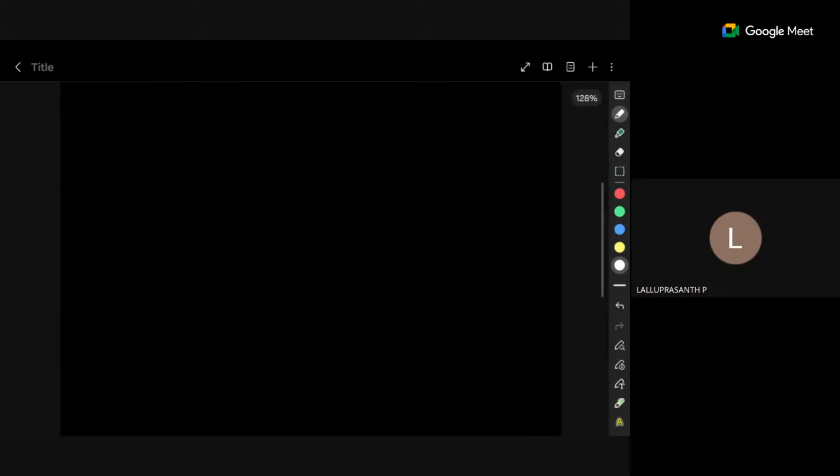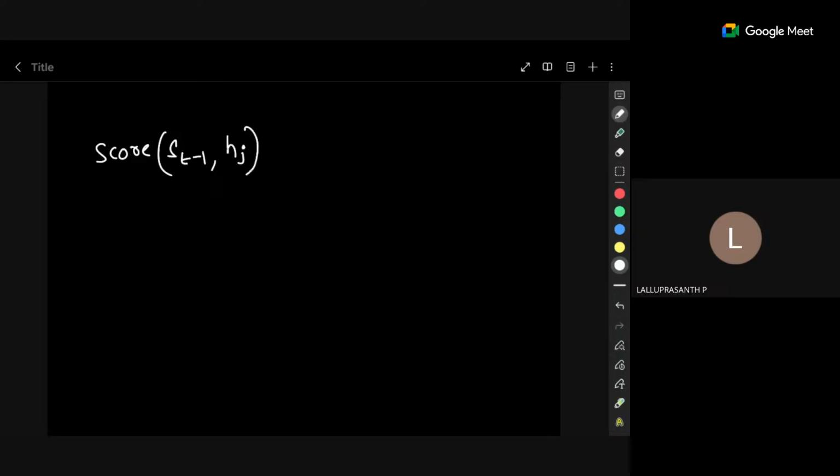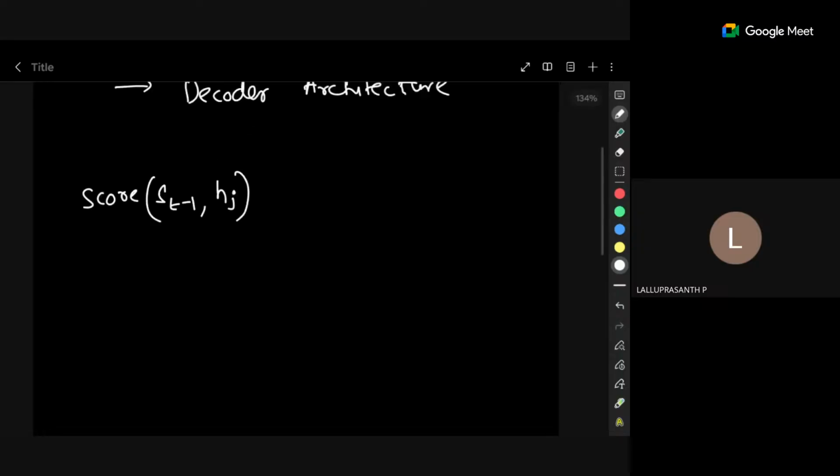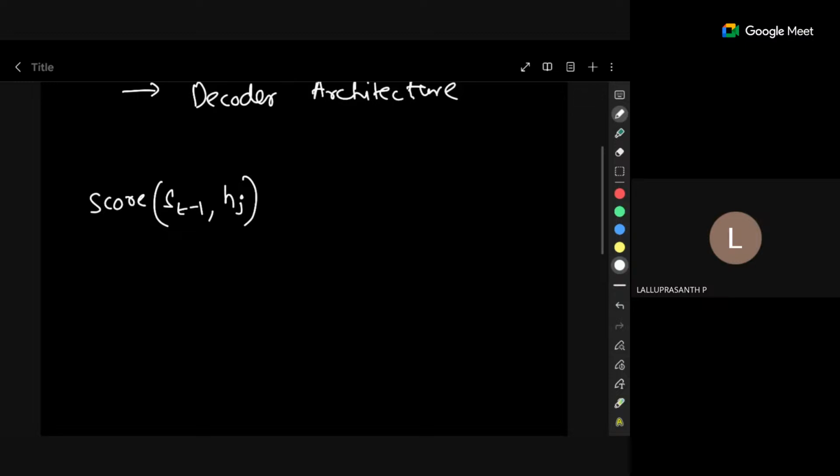Okay. So earlier we saw that in attention, the equation was, if you wanted to find the score between s_{t-1} and any h_j, so let's say your sentence is, I think, "deep learning course is good," something like that.